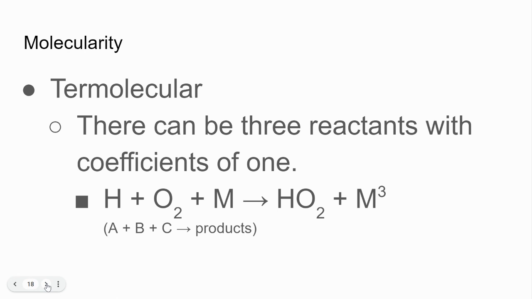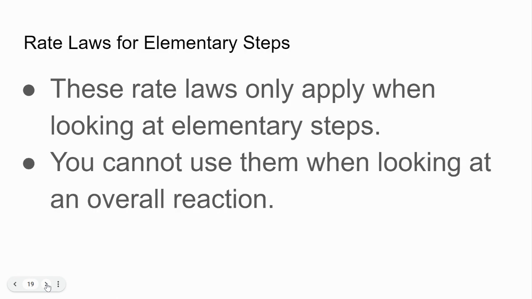I don't even know how to read it, honestly. It is an atmospheric reaction. It's the only example of one of these termolecular ones I could find. Again, summarized, A plus B plus C produces products because all 3 of these things are different. We can write rate laws for these elementary steps based on their molecularity.